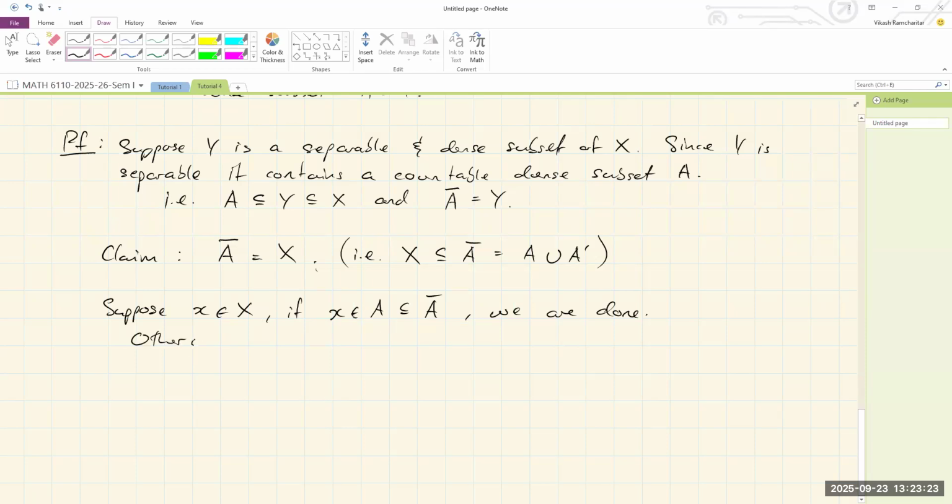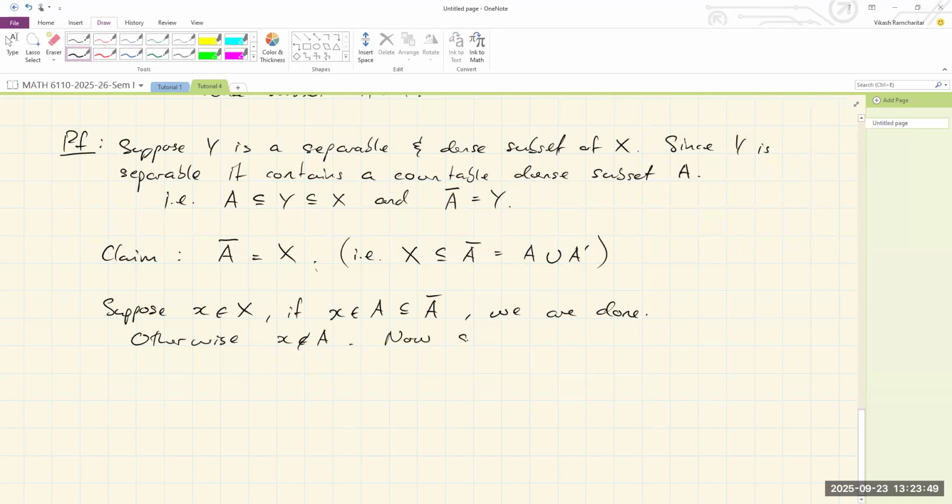Otherwise, let's say x is not in A. If x is not in A, I need to now show why x must be a limit point of A, which means it will be in A bar.